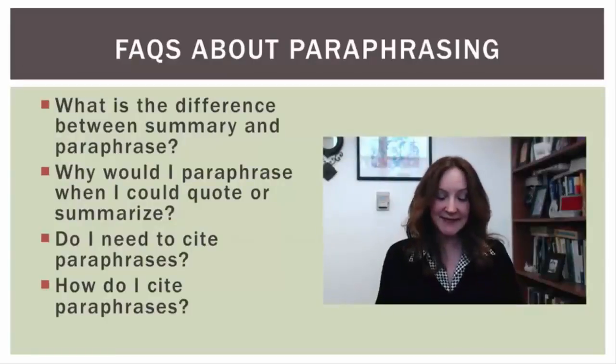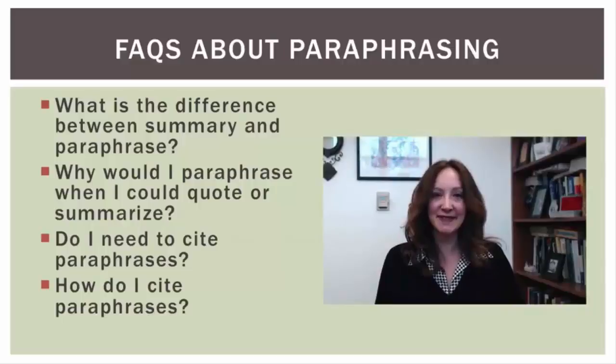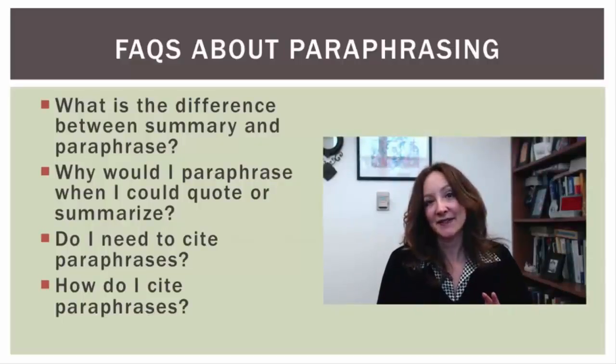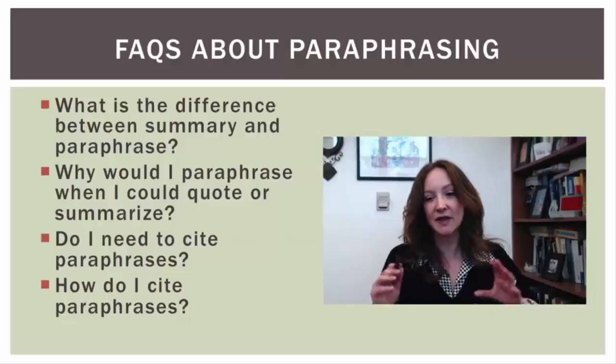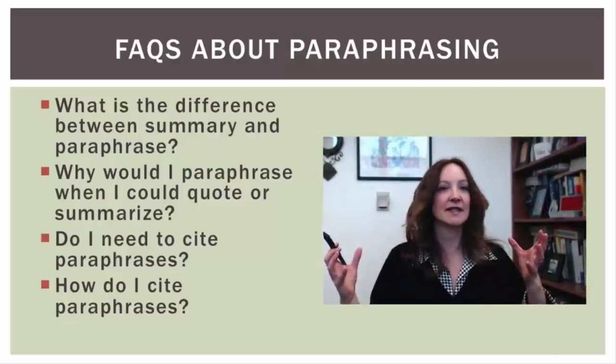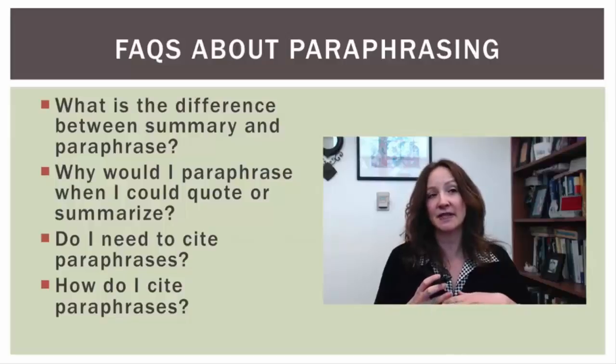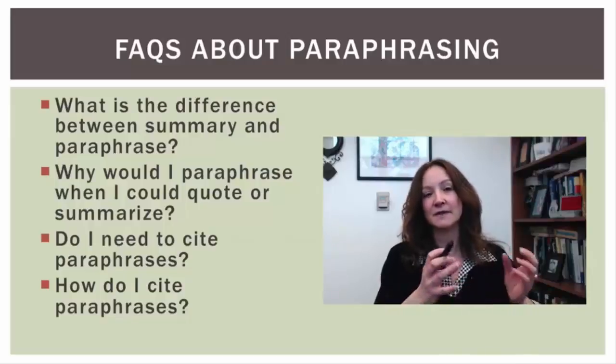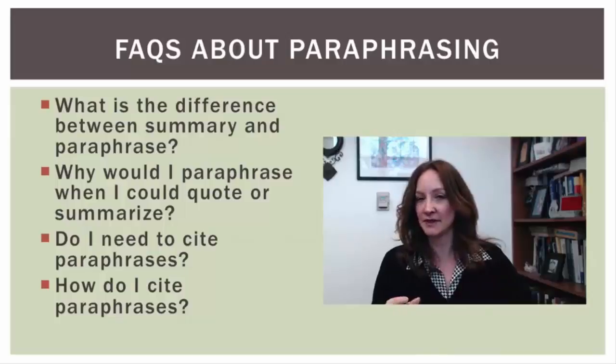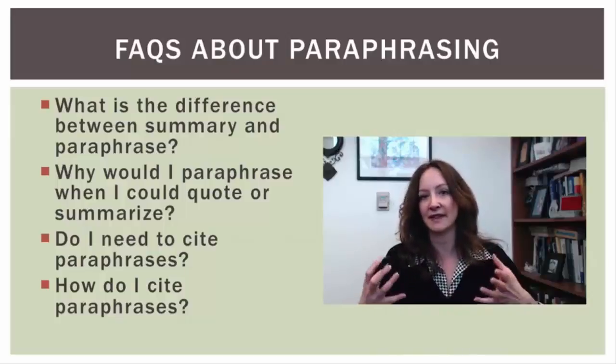With paraphrasing, we already talked about the difference between paraphrasing and quoting. Paraphrasing and summary is a little harder to differentiate sometimes. The best way to think about it is that summary is where you take a large amount of text and condense it and summarize it. And paraphrase is where you take text that's of equal value and convert it into your own words of equal length and value.